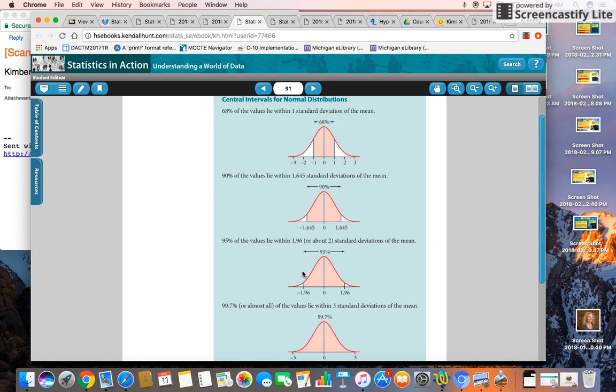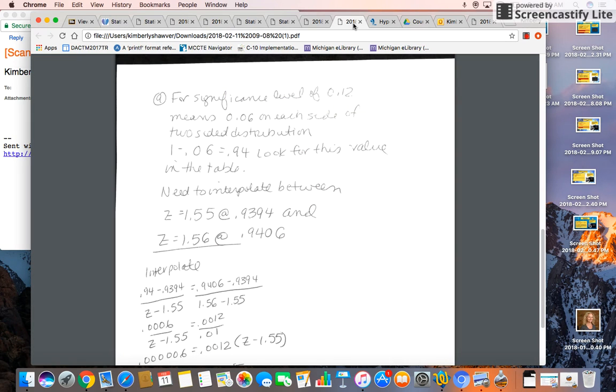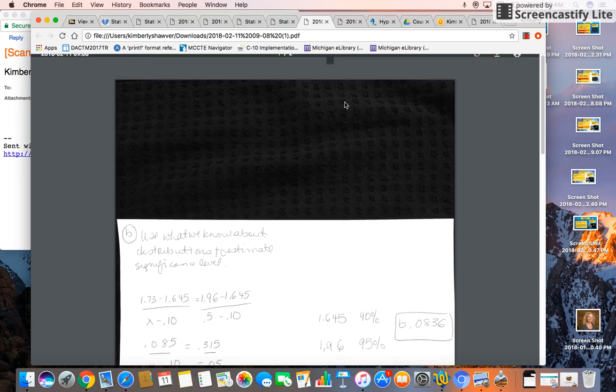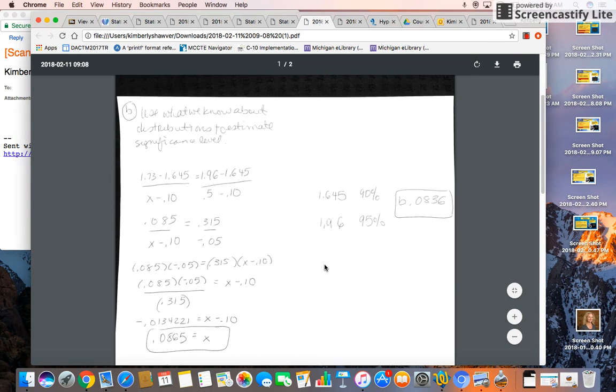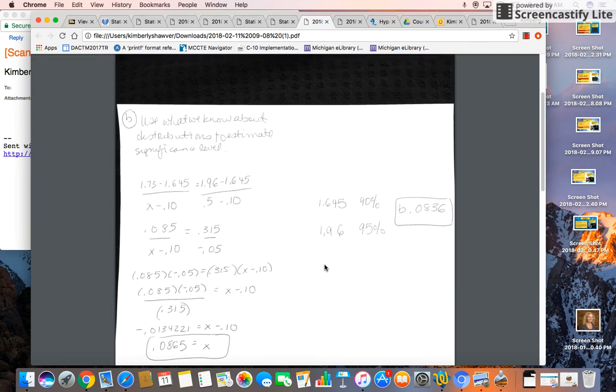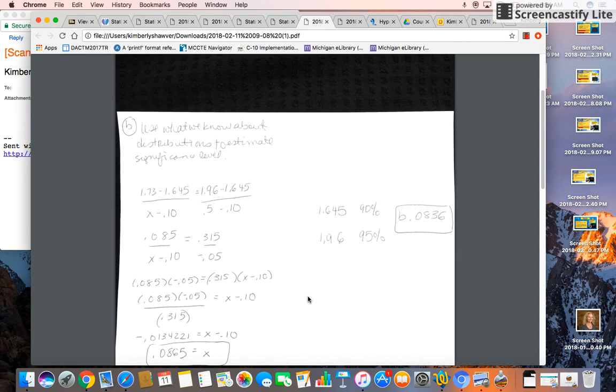Now, if we go back to our problem, we basically want to know what the significance level is at 1.73. So I'm going to interpolate again like I did in the last problem.